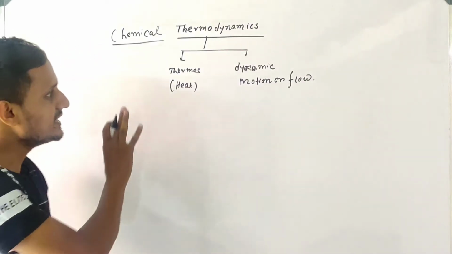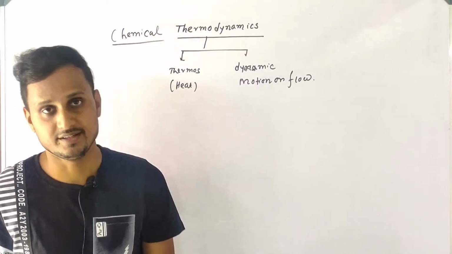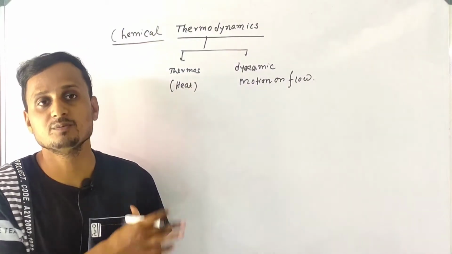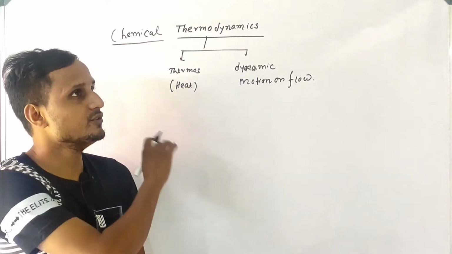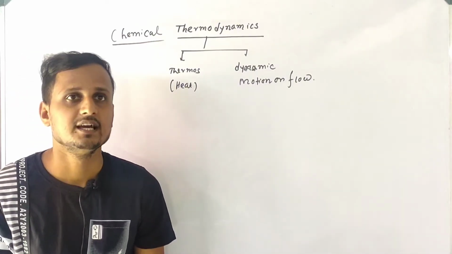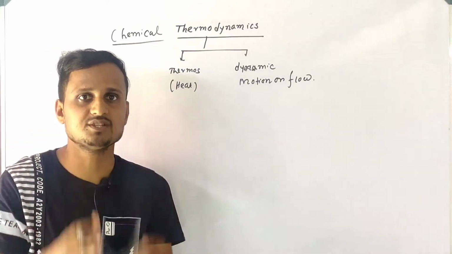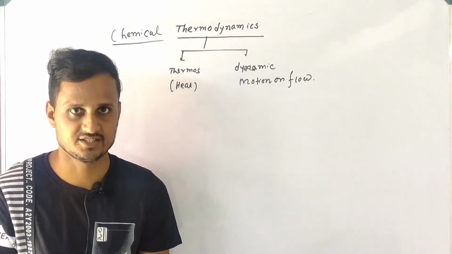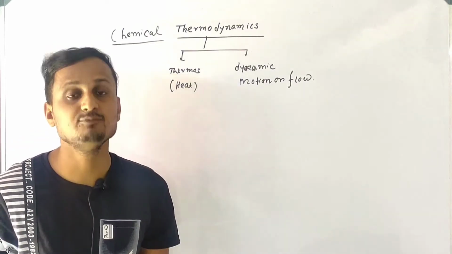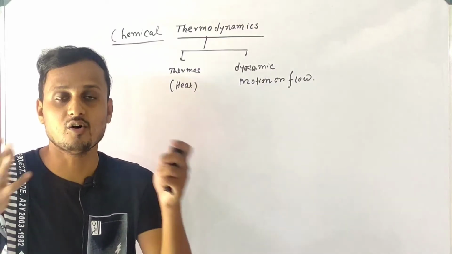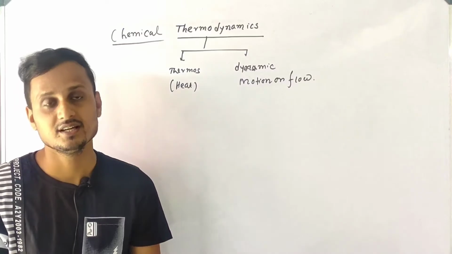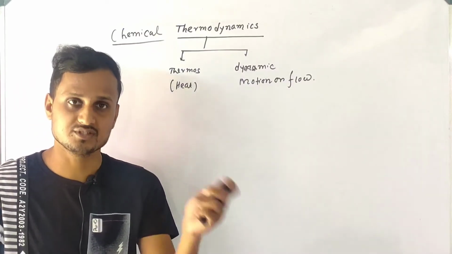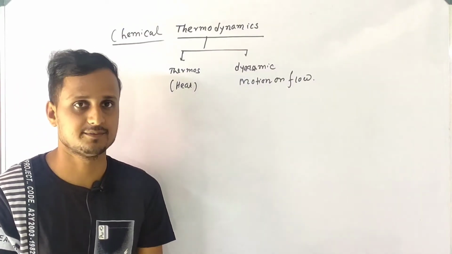Now, why will we learn this, and what are the things we have to cover here? First of all, this will give you some answers. First, if two substances or reactants are put together, will they react?